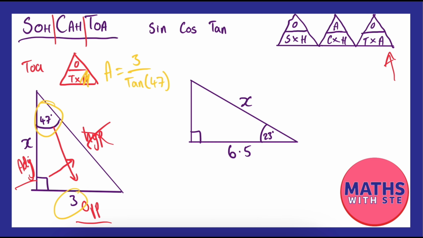Great. So if I want to find out what the adjacent is, which I do in this question, all I need to do is go into the calculator, press my fraction button, press 3, press down, and then press tan. It opens up the bracket, 47, close your bracket, press equals. Now you'll see it comes up with a massive number.